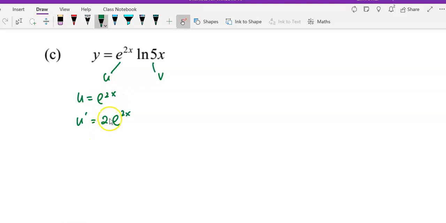Differentiate the power, you get the 2, and copy back itself. And v equals log 5x, applying the formula to differentiate the log function, you get 5 over 5x, and simplify, you get 1 over x.